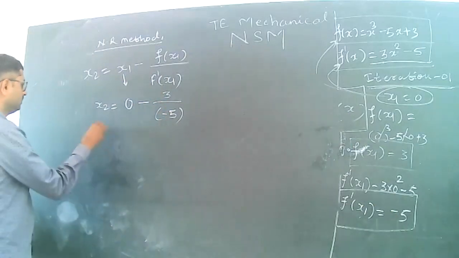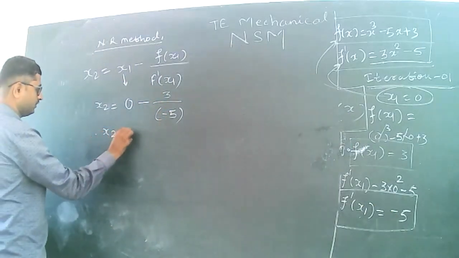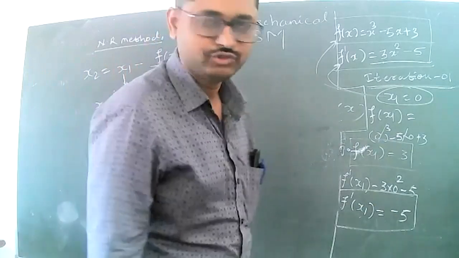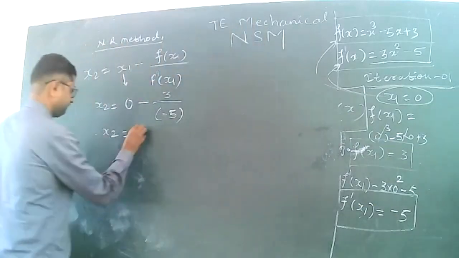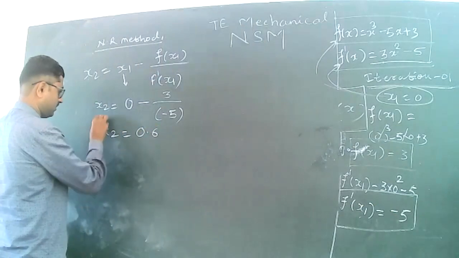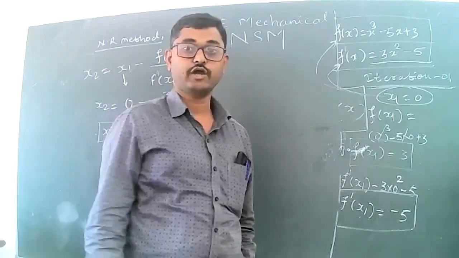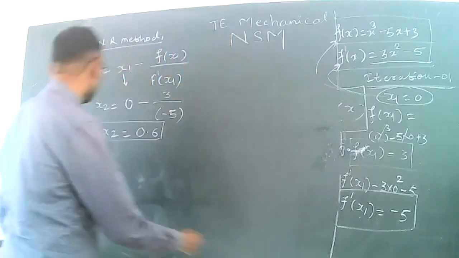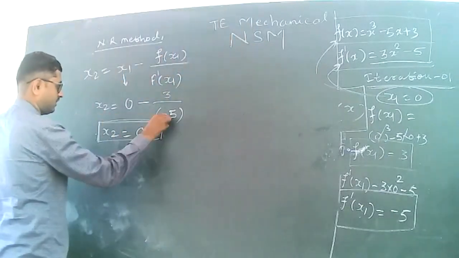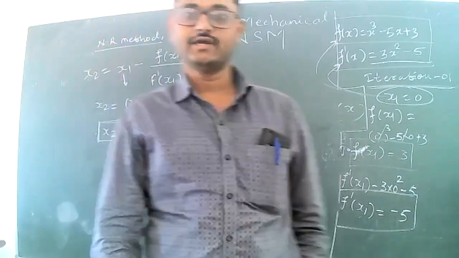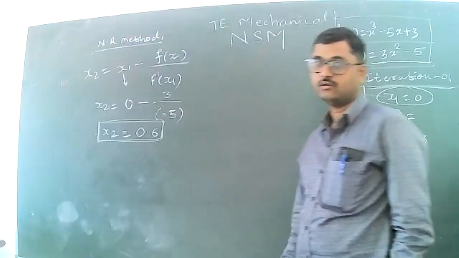By calculation, x2 is equal to 0.6. So iteration 1 is completed.